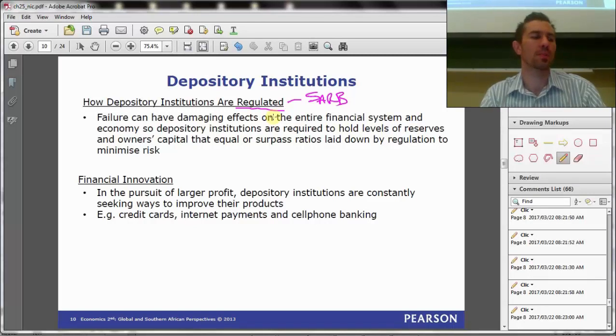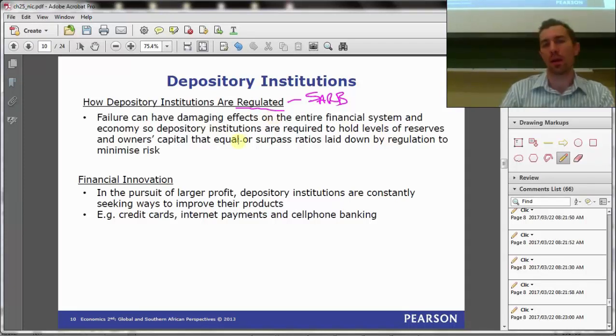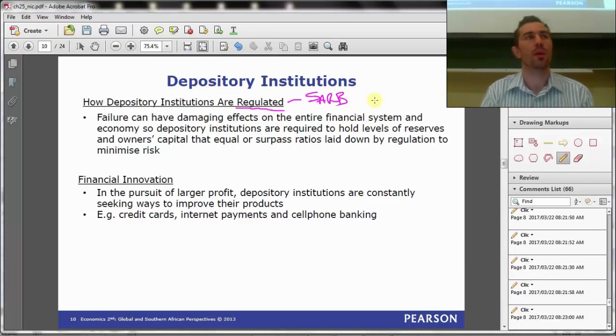You don't just have the central bank doing the regulation, you also have other bodies, like in the UK the Financial Services Authority, the FSA, which I think became the FSB, or the FSB became the FSA, at the time of the financial crisis, basically because they were useless. They didn't know what they were doing. They didn't know how to regulate.